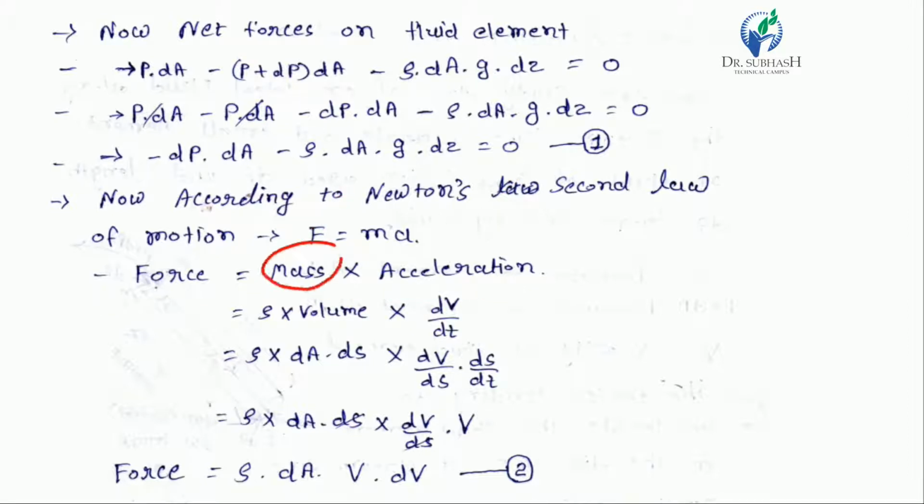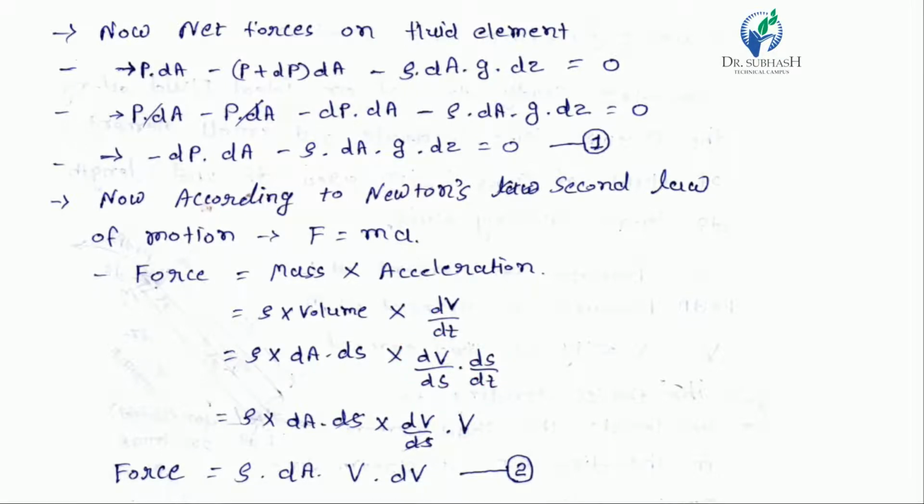Mass is converted into density into volume, and acceleration is change in velocity per time, dv by dt. Multiply and divide by ds: dv upon ds and ds upon dt.